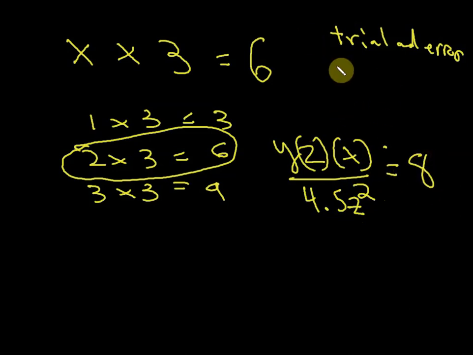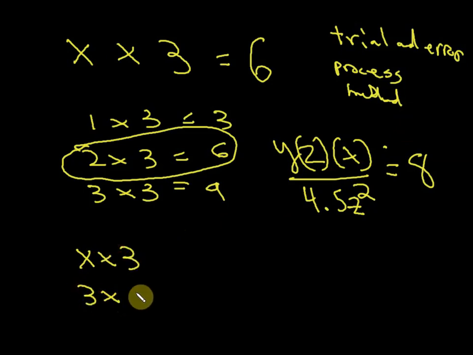So again, there's a process and method of doing this, right? And you've noticed how I put these in brackets. So this is another way. So instead of saying x times 3, or 3 times x equals 6, there are other ways of writing these, because as you can see, it gets a bit confusing where you have a multiplication symbol and you have variables.